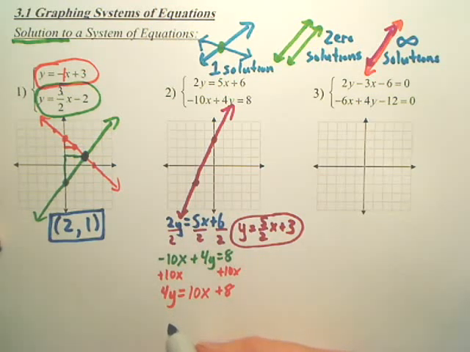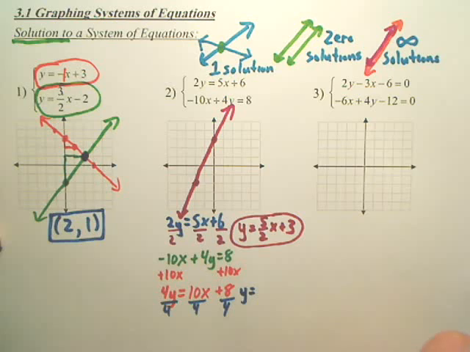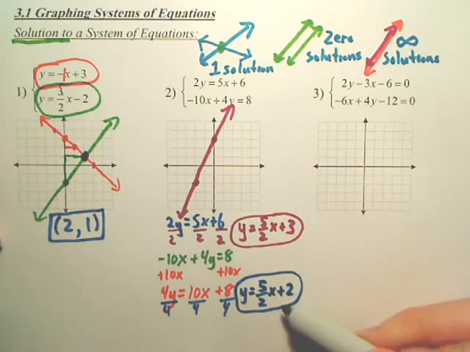And we divide by what? Divide by 4, divide by 4, divide by 4. And we now have y equals 10 divided by 4 is 5 over 2. 8 divided by 4 is 2.